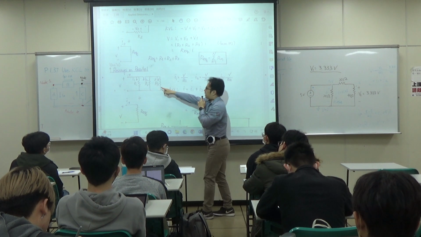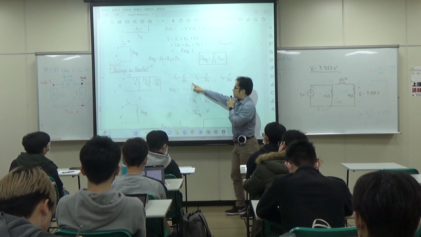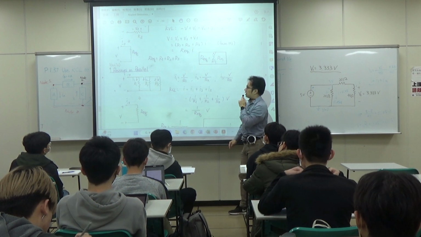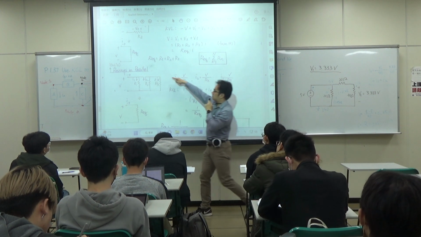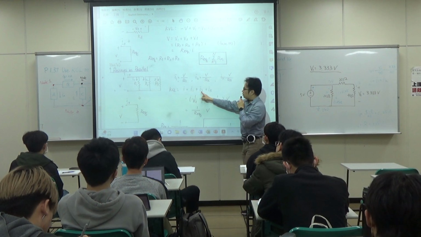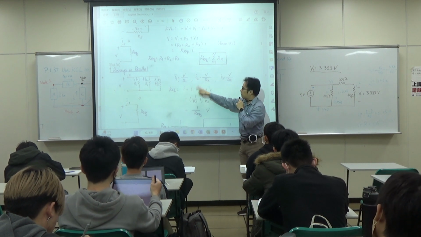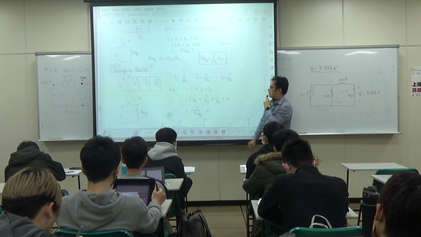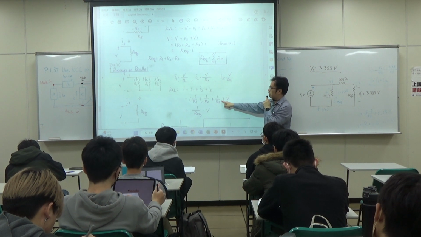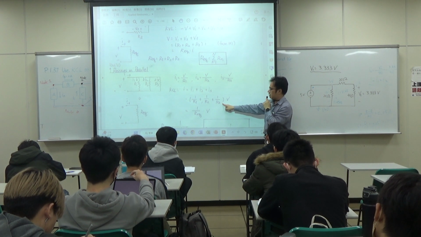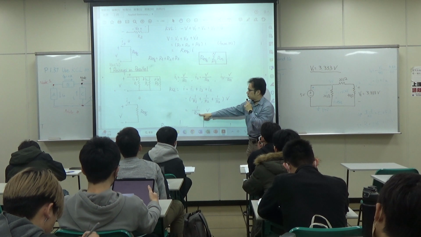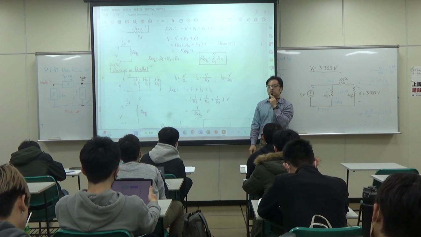Each of them needs to satisfy Ohm's law. Then you can apply KCL on the top node. I equals I1 plus I2 plus I3, and then you replace I1, I2, I3 with V and R1, R2, R3. And then it is equivalent to a simple Ohm's law.